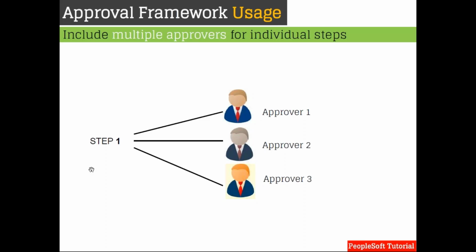Within the same step, we can have various approvers, and it is up to us to design whether we need all the approvers to approve, or one approver is enough, or at least two approvers are required to move to the next level. All those kinds of configuration can be simply performed from the approval process setup page in PeopleSoft, and that is done from the front end, so it is easier to configure and test.